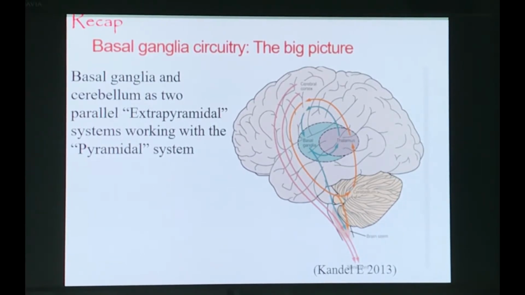The major components of the basal ganglia are the corpus striatum, which includes the caudate nucleus and lentiform nucleus, along with the subthalamic nucleus and substantia nigra.